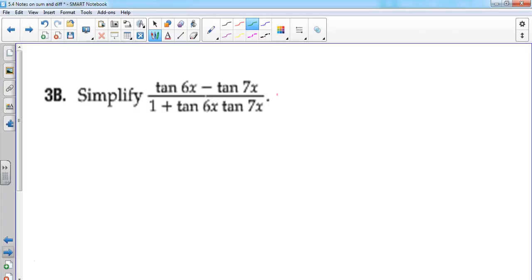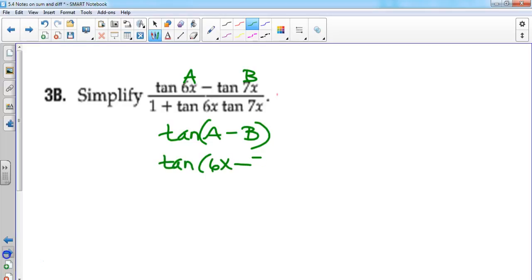All right. This is a tangent, but it's not hard. Find that on your gray sheet. Tan minus tan over 1 plus tan. Tan A minus B. Is it minus or plus? Minus. Okay. So what is our A and our B? 6x and, okay, which simplifies to?